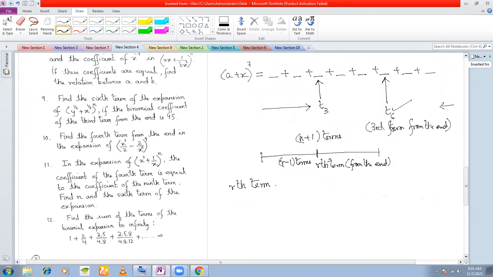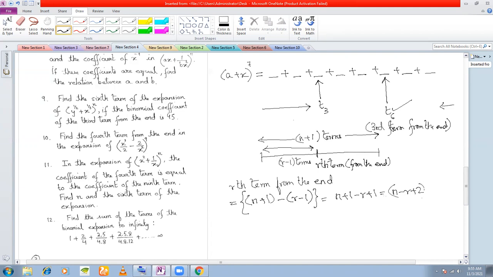How many terms will it be from the beginning? It will be n plus 1 terms, the entire expansion, minus these r minus 1 terms. That equals n plus 1 minus r plus 1, which is n minus r plus 2, so it is the term T n minus r plus 2.